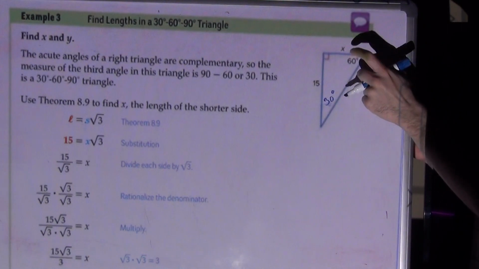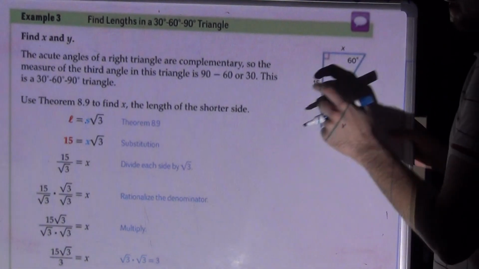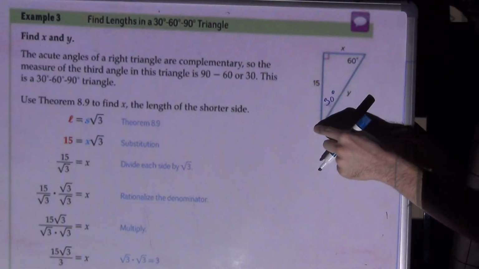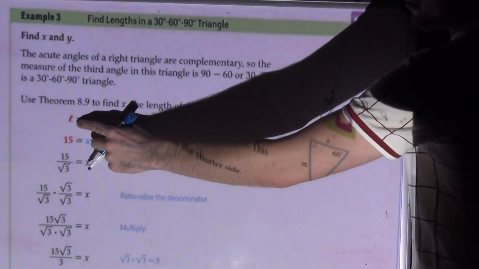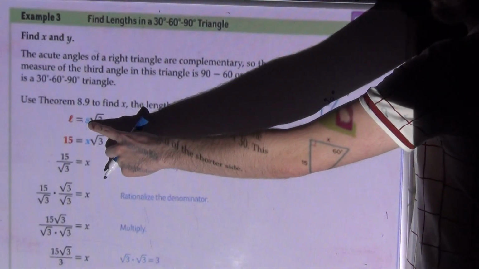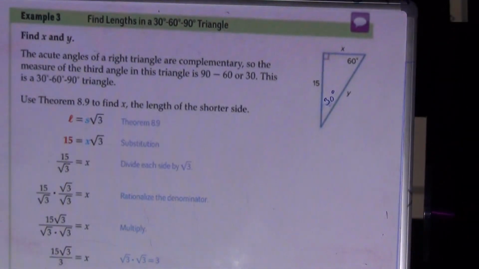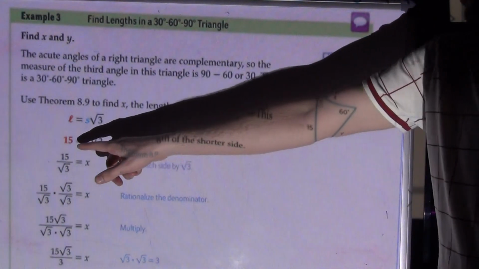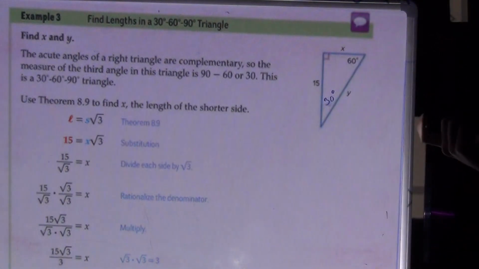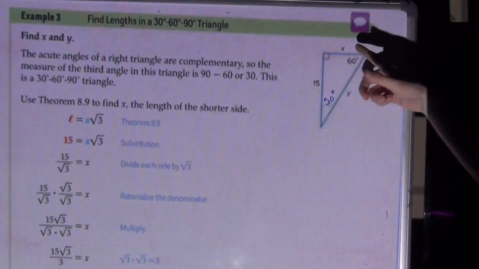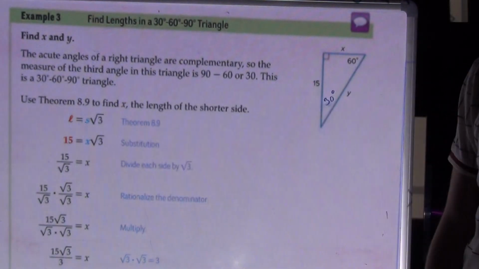So you know that the side across from the 60 degree angle is going to be the side length across from the 30 degree angle times the square root of 3. Alright? So you know that 15 is the length of the side across from the 60, and x is the side across from the 30, and that's times the square root of 3.